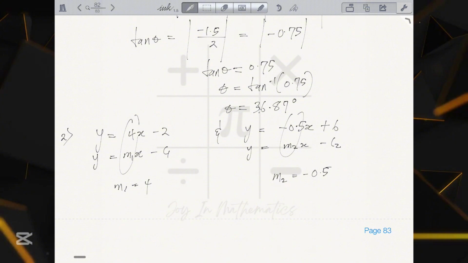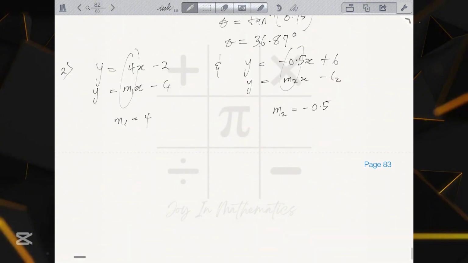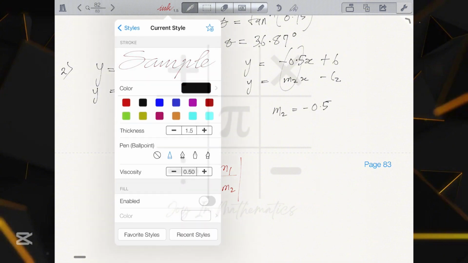Alright, I believe you paused the video, so let's proceed. Let's recall the formula we are using. The formula says tan theta equals the modulus of m2 minus m1 divided by 1 plus m1 m2. So let's apply the formula.